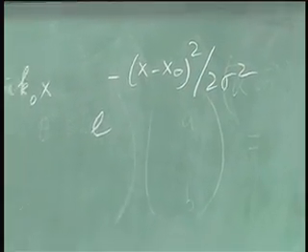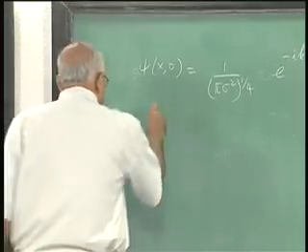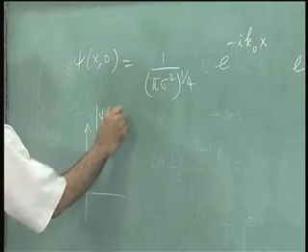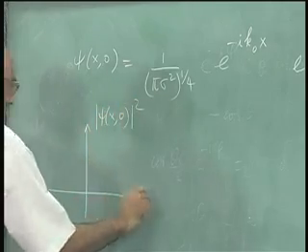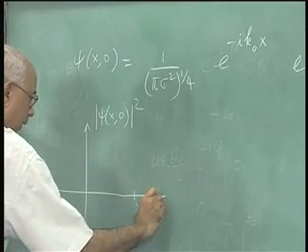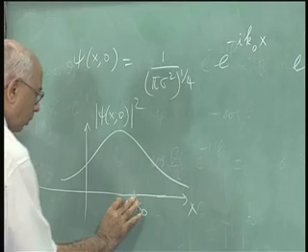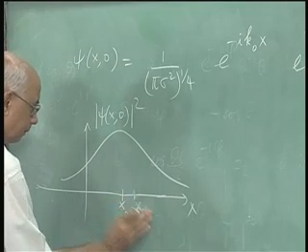So mod psi of x comma 0 squared is a Gaussian peaked about the point x0, something of this kind about the point x0.